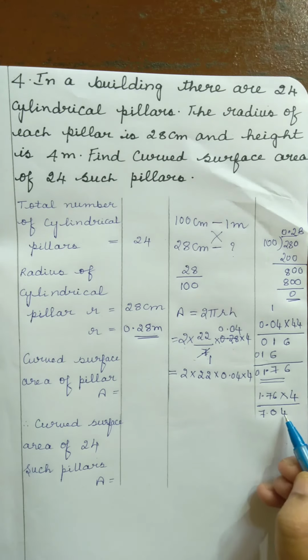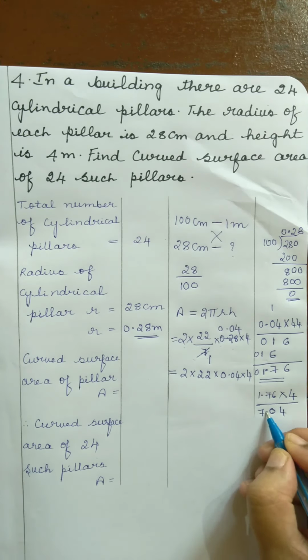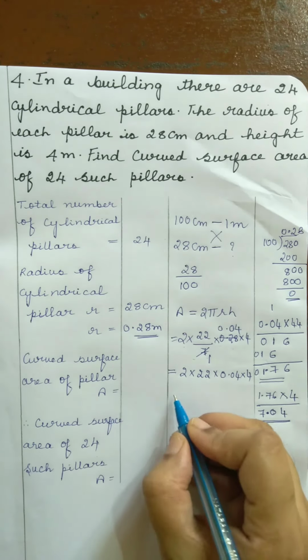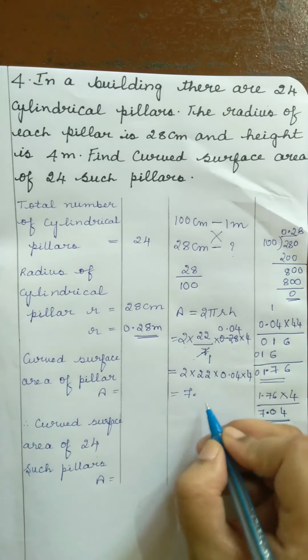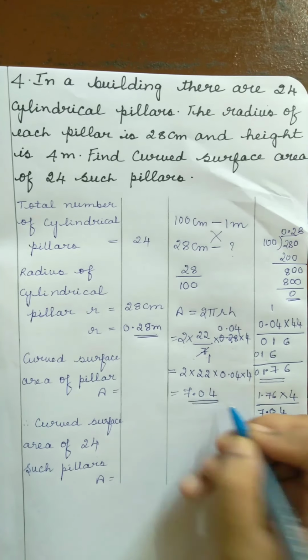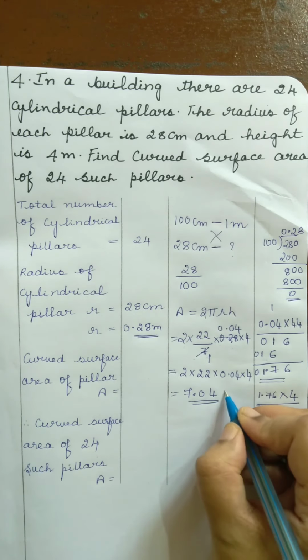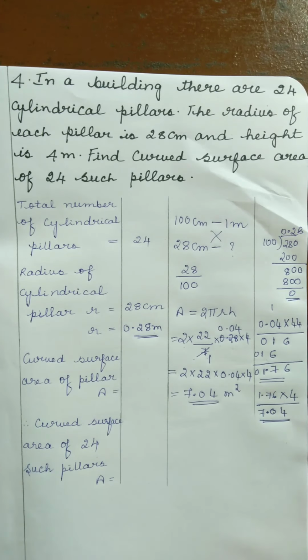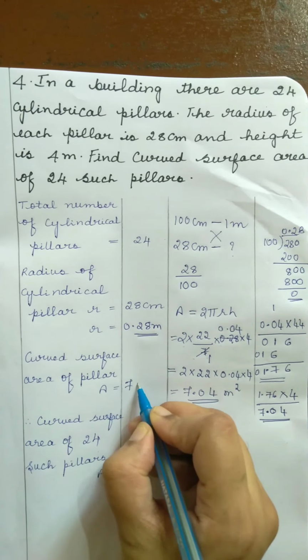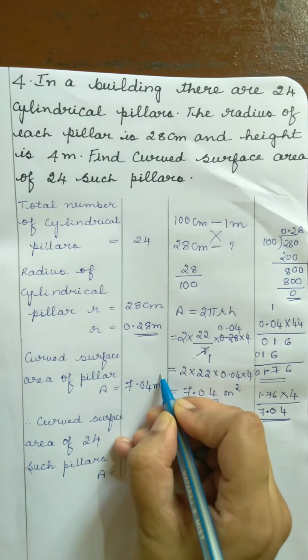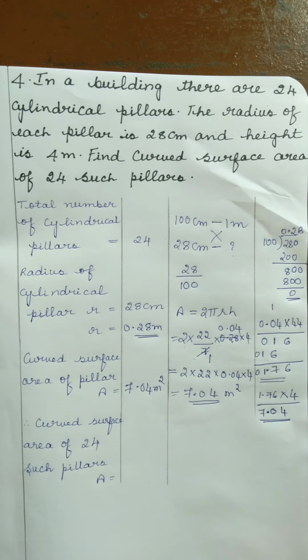So from the right side, after 2 digits, put a decimal point. Then your value will be equal to 7.04. Area is expressed in meter square. So therefore, curved surface area of the pillar is equal to 7.04 meter square.